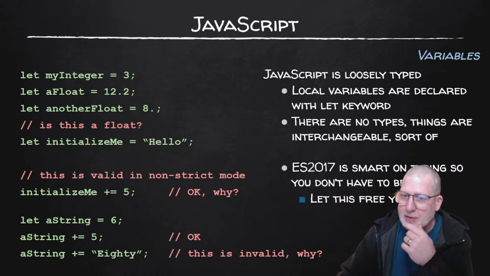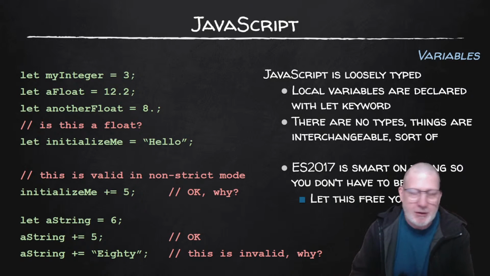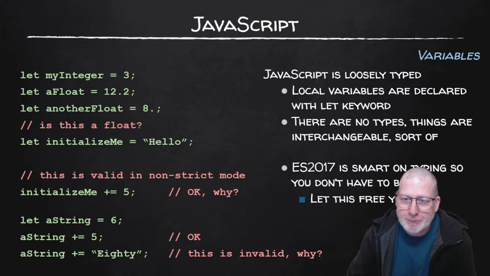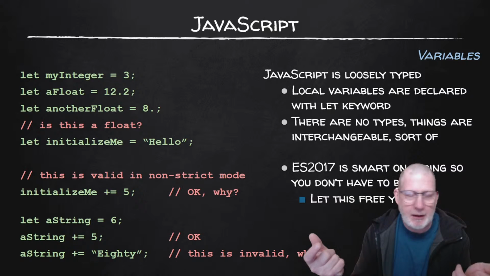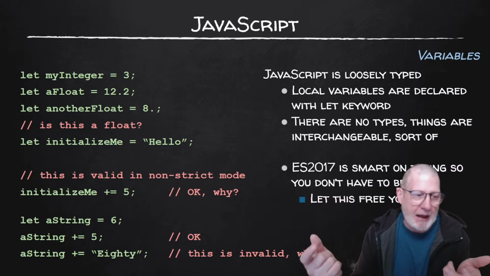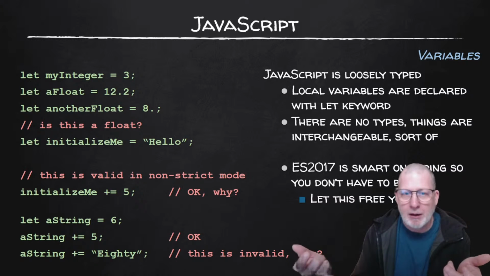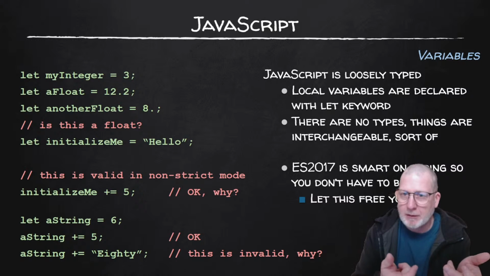The thing is, JavaScript's trying to be smart, so it's trying to convert things for you. So in the first case, where you have a string called hello, and you add the number 5, JavaScript says, hey, here's a string, and you want to add the number 5 to it. Well, I know how to convert the number 5 to a string.